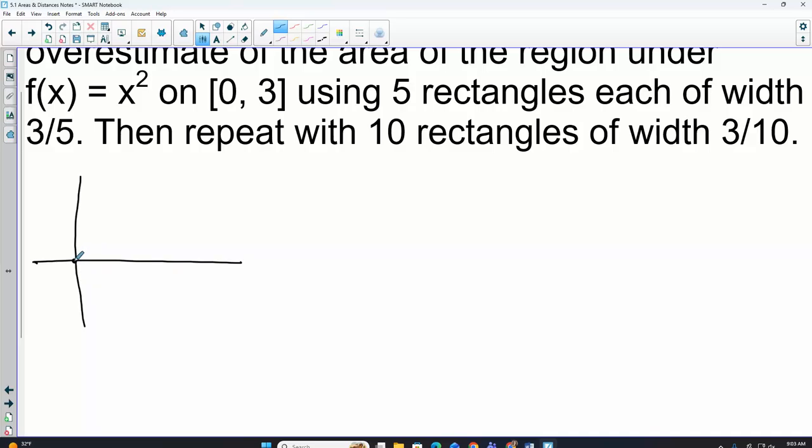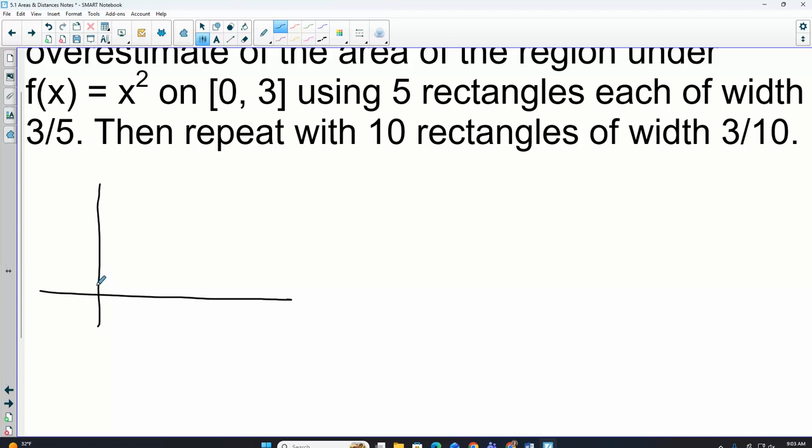So we know 0 squared is 0. 1 squared is 1. Make this graph smaller. Okay, so we could plot x squared.